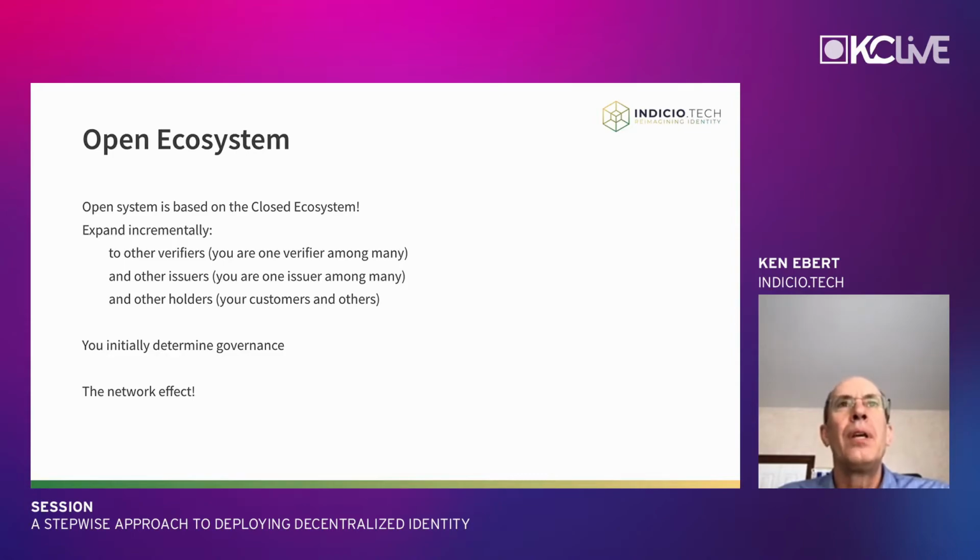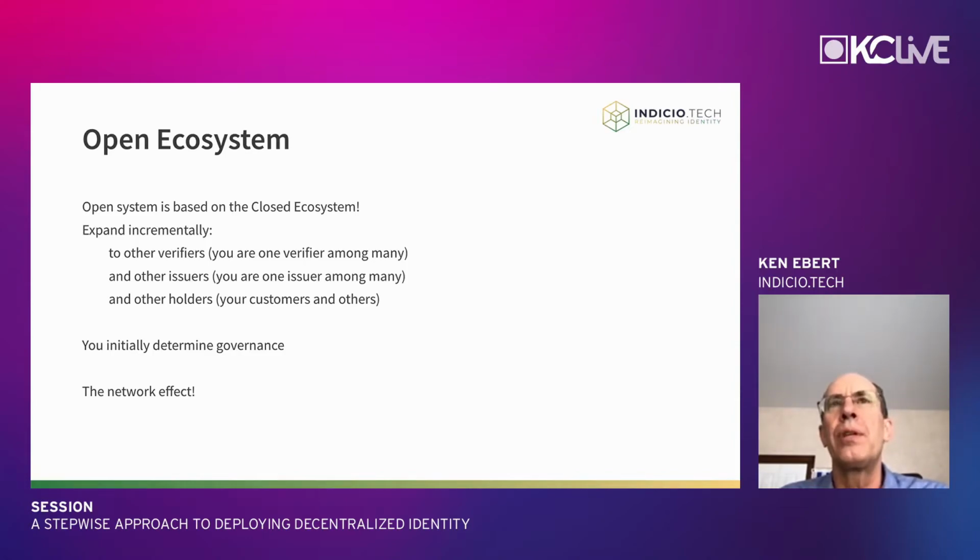Other issuers, you might be a single issuer. You might find other organizations within your own company, other departments that may be interested in issuing specific types of credentials, or you might find partners or other organizations who want to participate in your ecosystem. As you add them in, the ecosystem becomes more rich and more diverse.